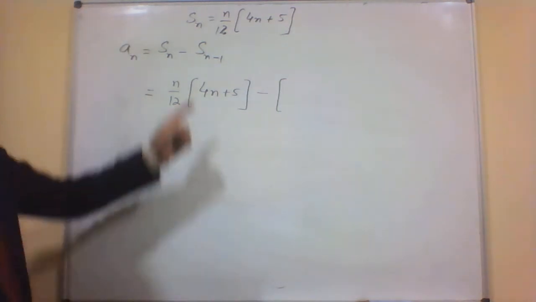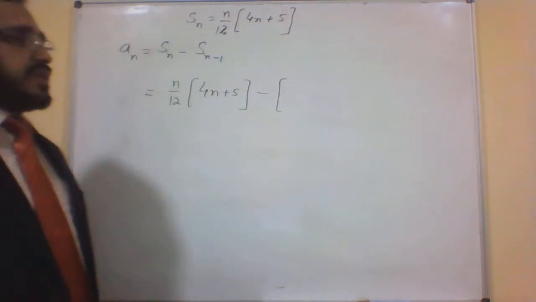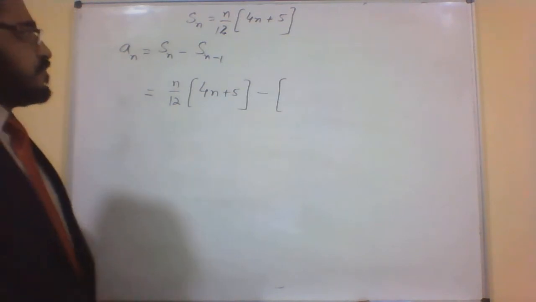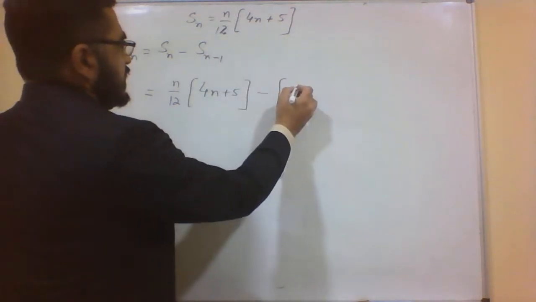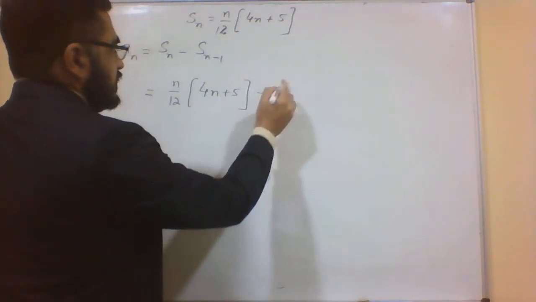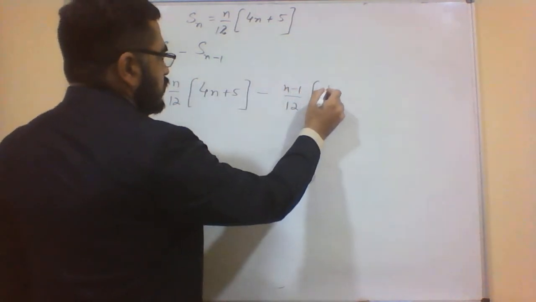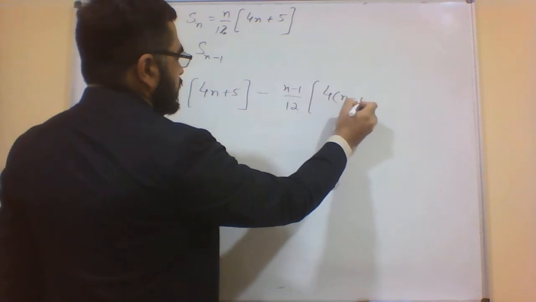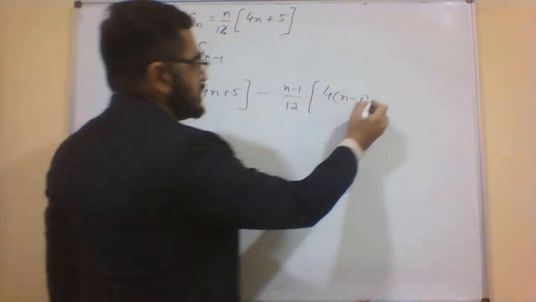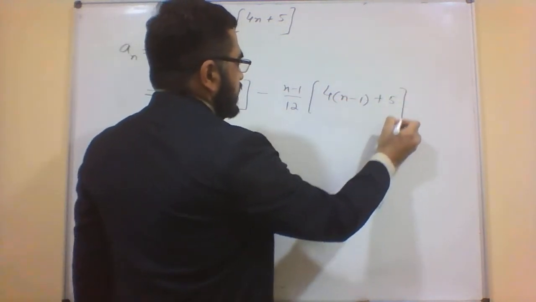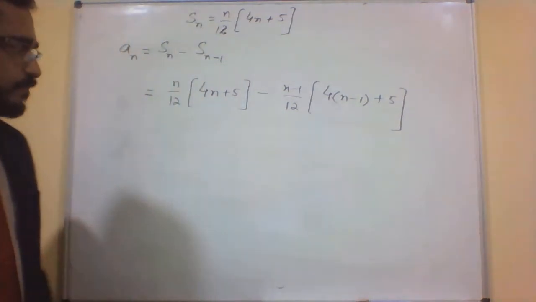In place of n, we will substitute n minus 1; that will be Sn minus 1. Here it will be n minus 1, divided by 12, into 4 into n, where we replace n with n minus 1, and plus 5 as it is.